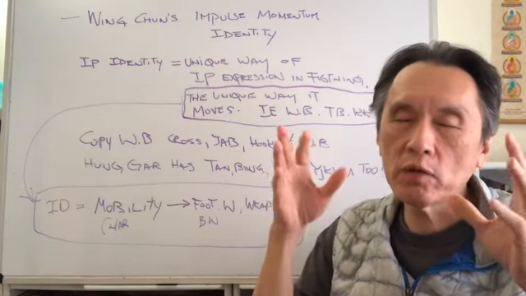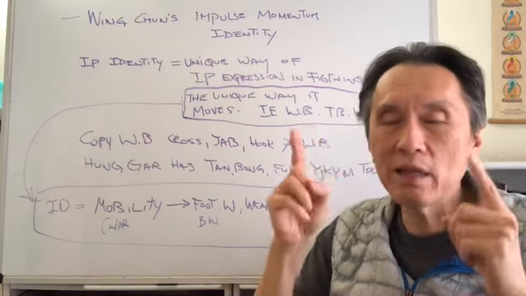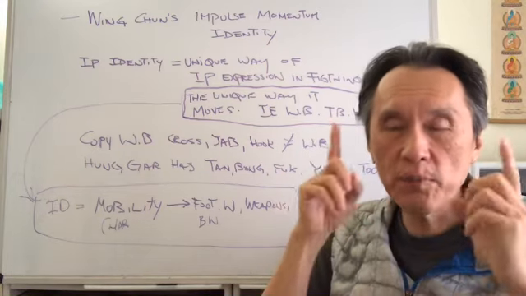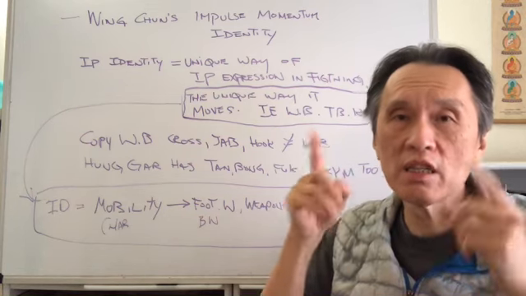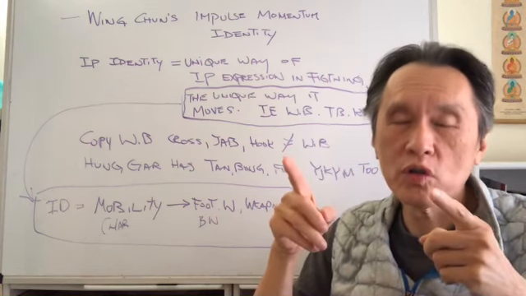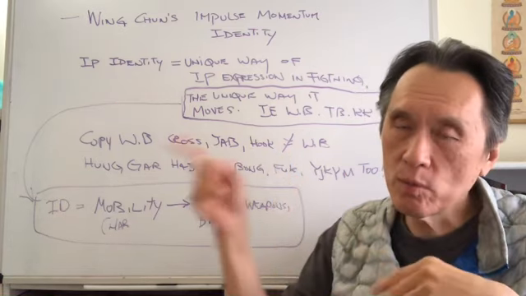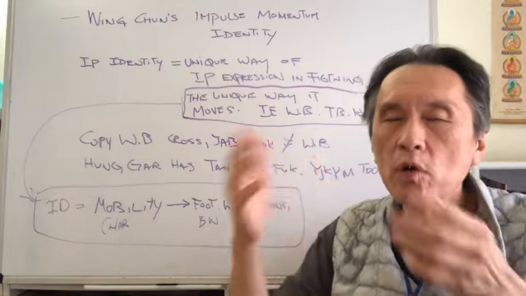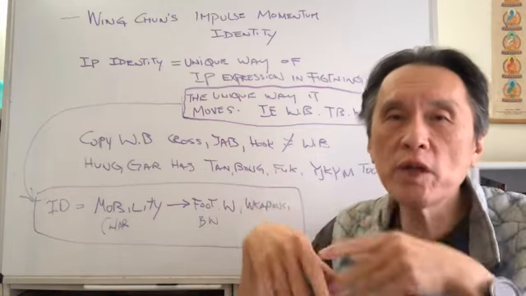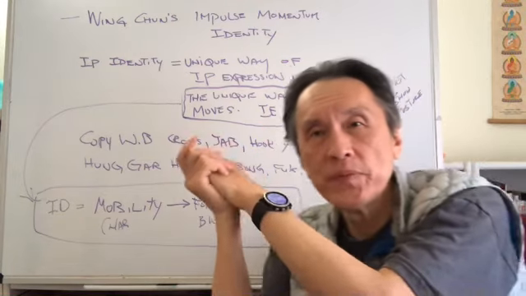So this is what I'd like to share with you today. Wing Chun needs an identity, an imposed momentum identity. Wing Chun is not posing some kind of move like in the movie. Have you ever seen those people who pose those moves like a movie fight a formal student of Western boxing?